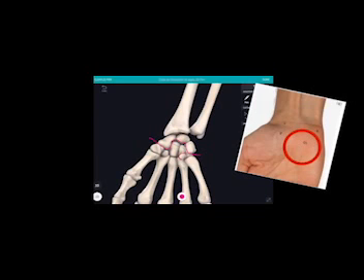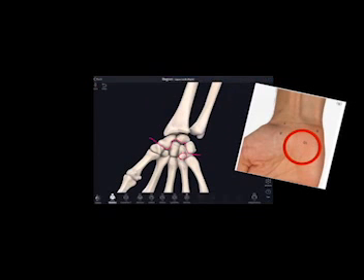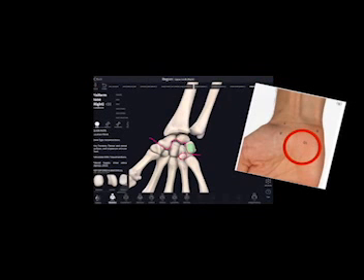Okay, this area. Once you find the pisiform, this one right here, move your finger not straight up but slightly laterally, about 45 degrees, and you should be able to feel the hook of the hamate.